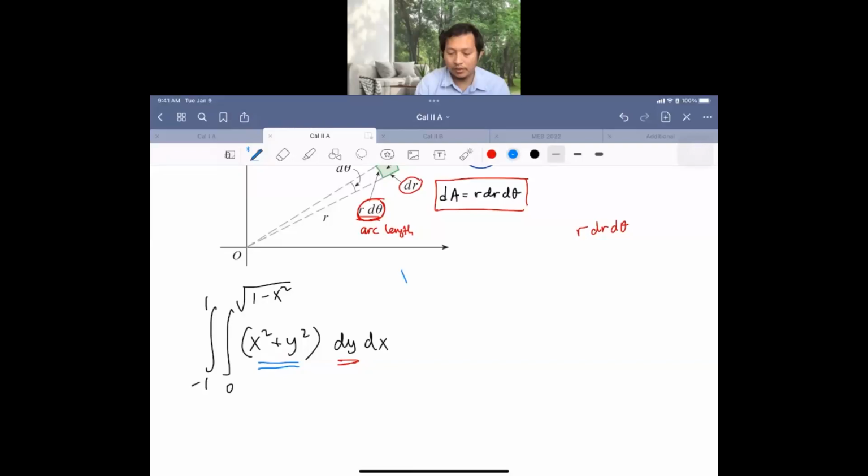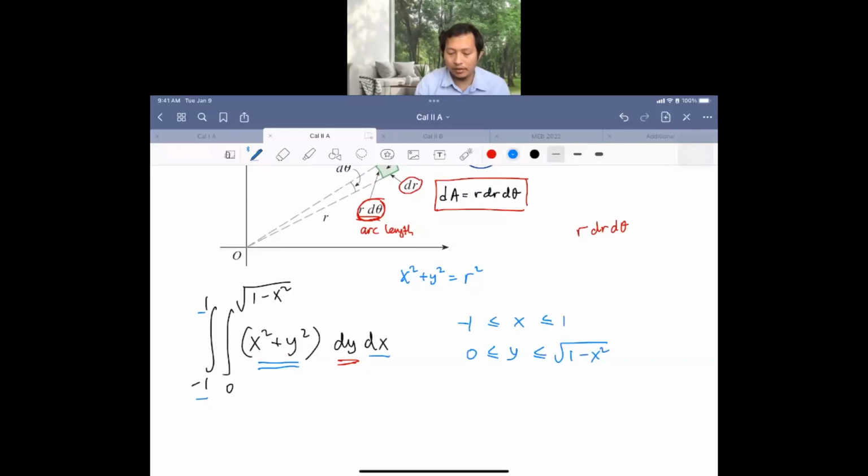This is a circle, so we could write this as r squared. And x is from -1 to 1, and y goes from 0 to the square root of 1 minus x squared.